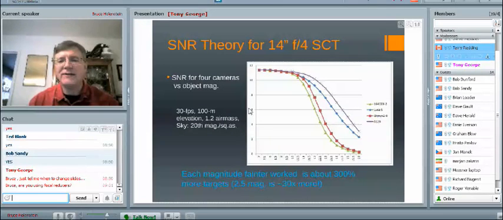Towards the right, however, as we move towards fainter objects, the signal-to-noise ratio attainable with the typical IOTA camera falls off with this size telescope at around 12 or 12.5 magnitude, and this is again at 30 frames per second, versus the EMCCD camera, which will yield about the same signal-to-noise ratio 2 to 3 magnitudes fainter.